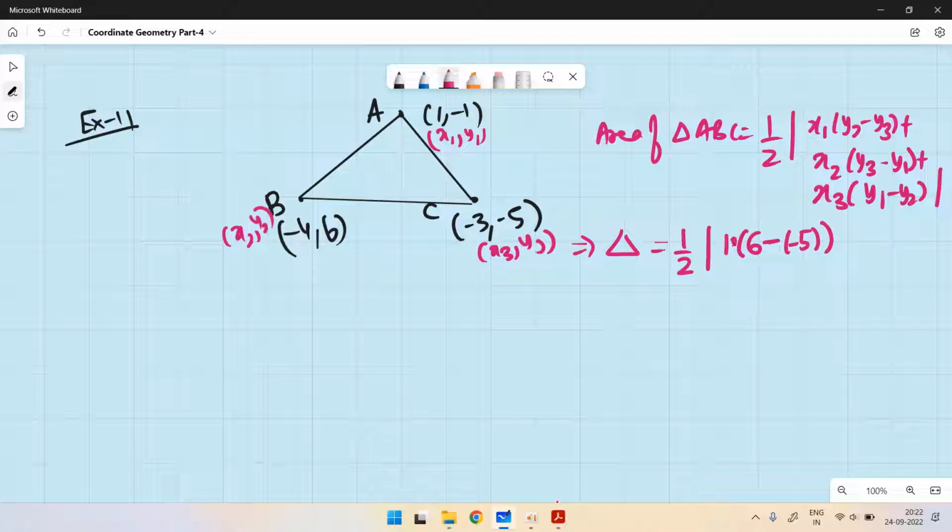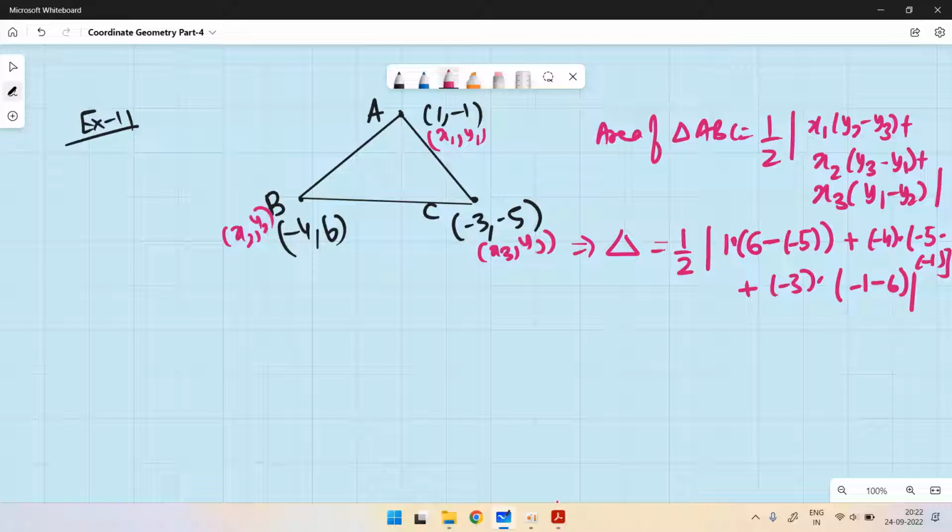And plus x2, x2 is minus 4, into (y3 minus y1). y3 is minus 5, minus y1, minus of minus 1. And plus x3, x3 is minus 3, into (y1 minus y2). y1 is minus 1, minus 6, modulus.